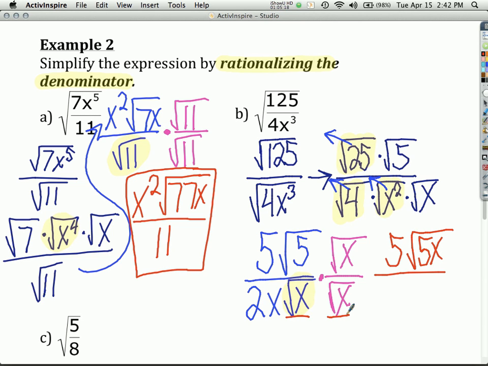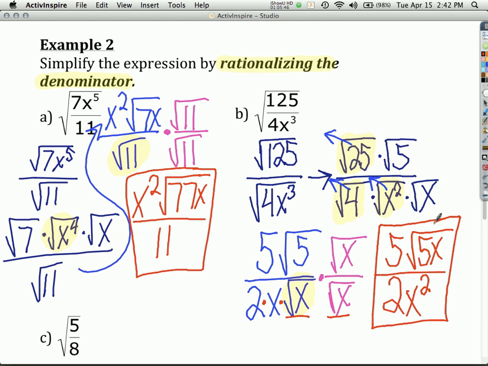X. But I already have an x here on the bottom, so I'm multiplying this times the result of this. So what will the bottom turn into, Kadir? 2x squared. Very good. Since this turns into an x, we're multiplying it by x, we get x squared. And now it is simplified. That is rationalizing the denominator.